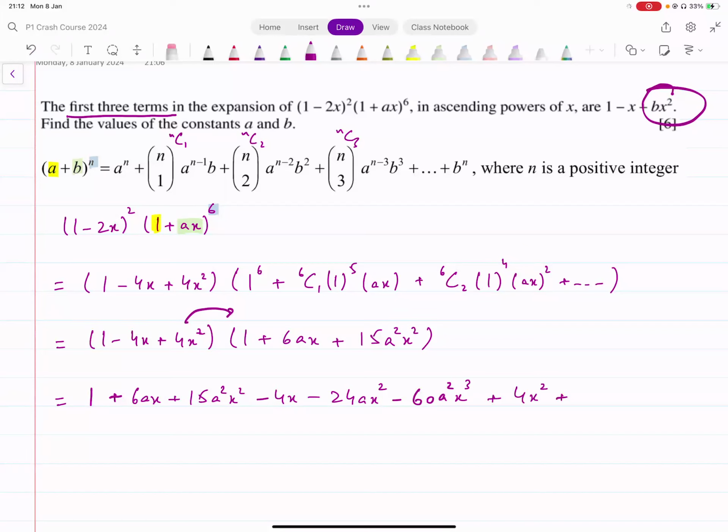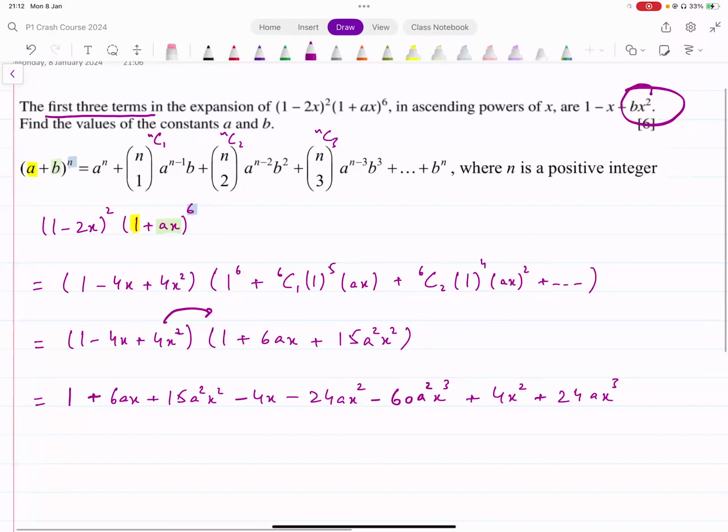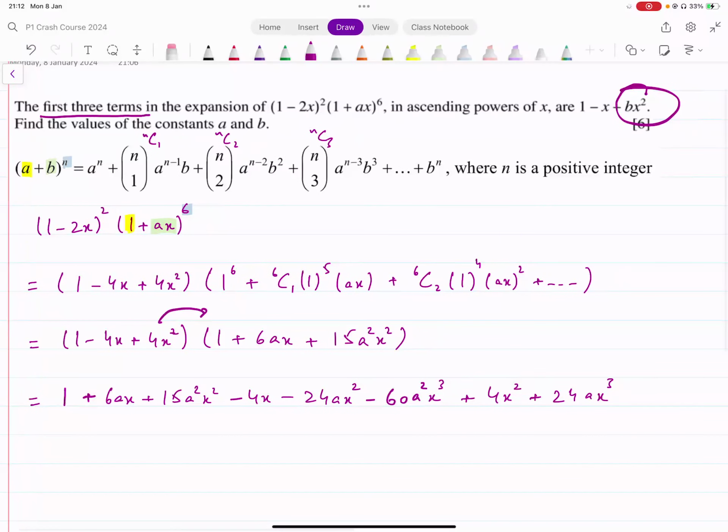That would be 24a x cubed. Again, we don't need this term. This is x cubed. You could ignore this. Similarly, x power 4 as well. If you wanted, you could just ignore that. That's your choice. If you want to write it, that's also okay. 60a squared x raised to power 4. That's what we get when we expand all of this.